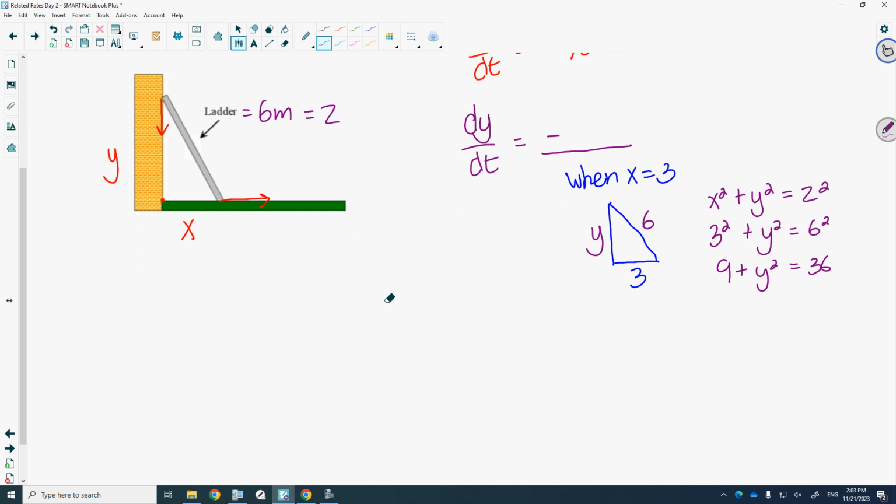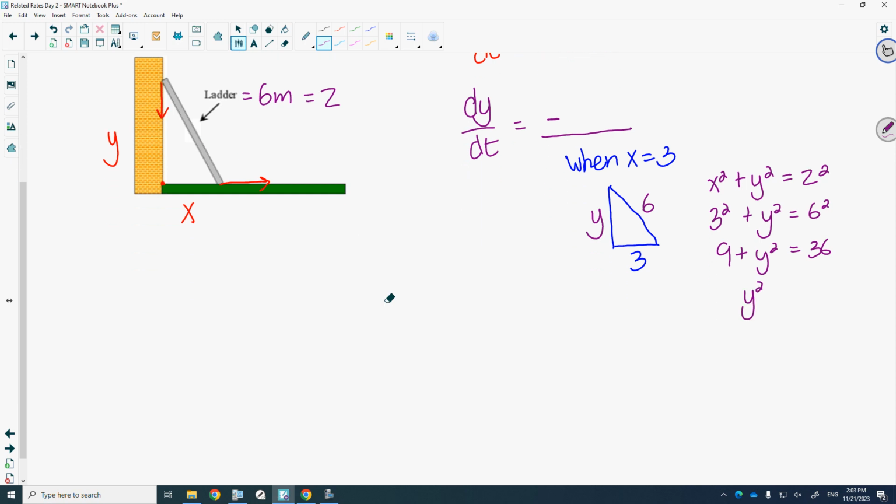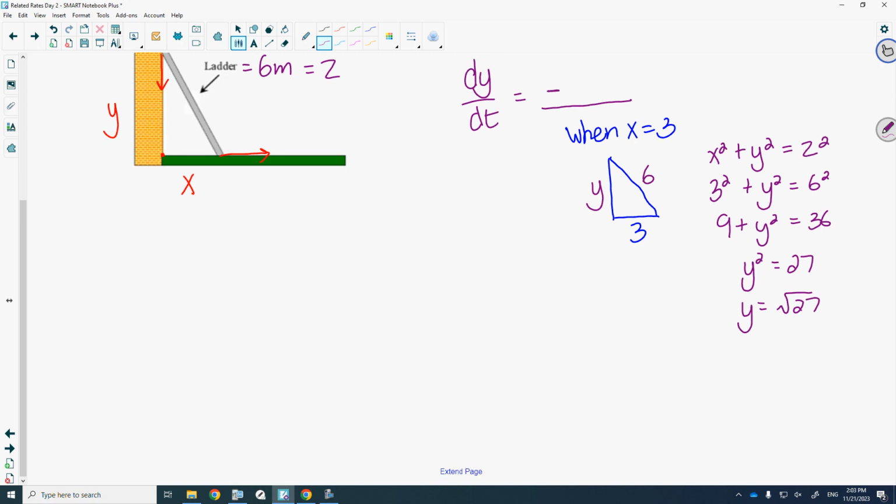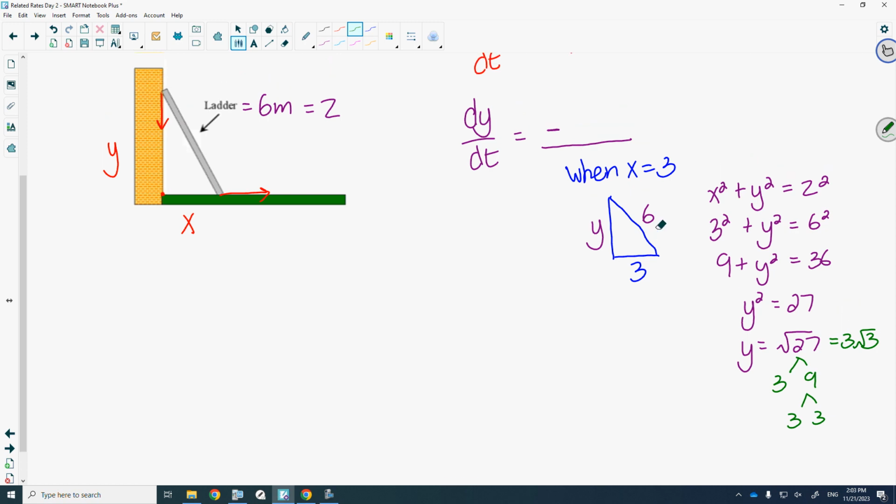Subtract 9 from both sides, and we get y squared is equal to 27. y is equal to the square root of 27, and then reduce this. 27 divided by 3 is 9, 3 and 3. So Emily, what's the square root of 27? 3 root 3. So when x is equal to 3, y is equal to 3 root 3, and the ladder, z, is equal to 6.